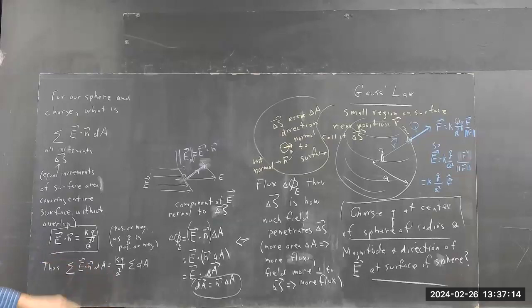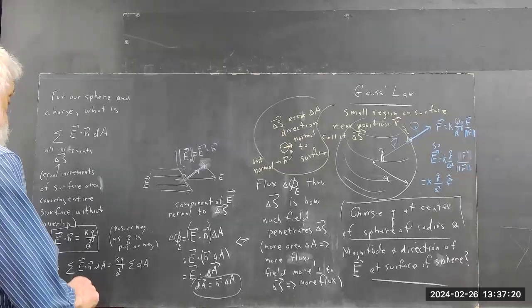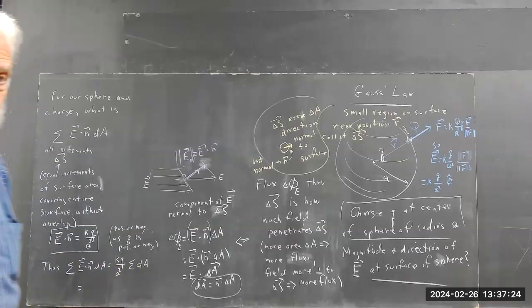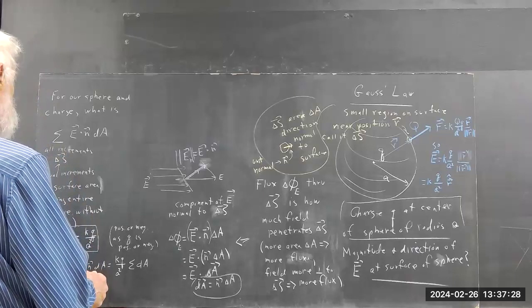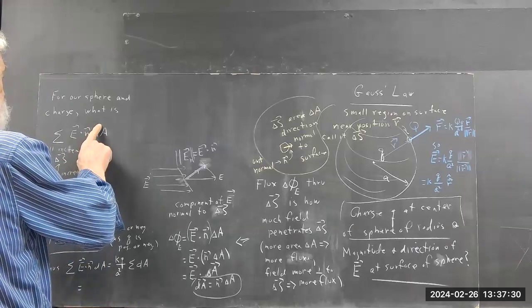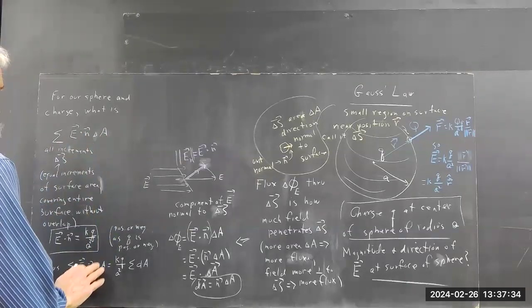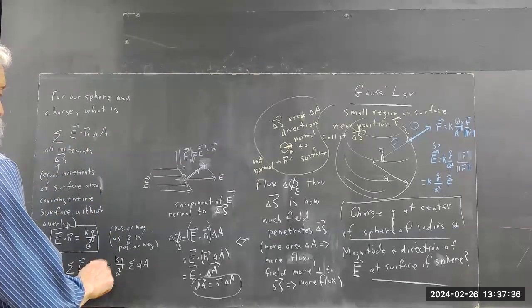It still multiplies every one of your delta A's. What's the sum of all your delta A's? Actually, I should be using delta A. Minor point, but we want to be careful.